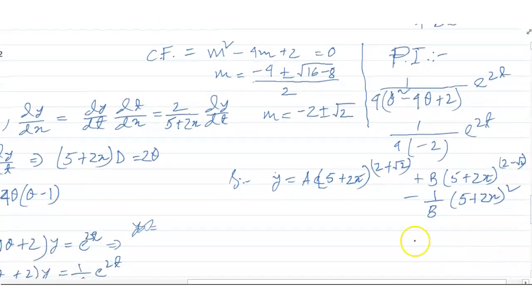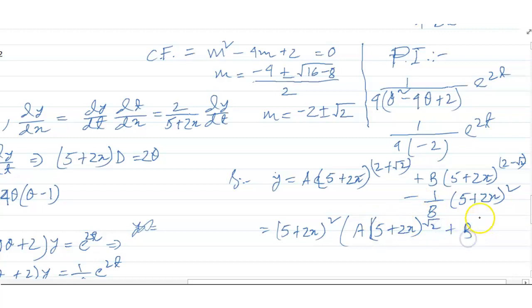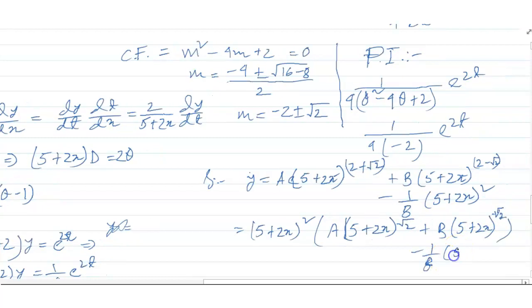So it can be written (5 + 2x) whole square is equal to A into (5 + 2x) to the power 2 plus root 2, plus B into (5 + 2x) to the power 2 minus root 2, minus 1 by 8 (5 + 2x) whole square. This is my answer, friends.